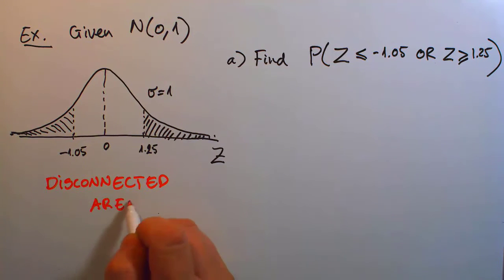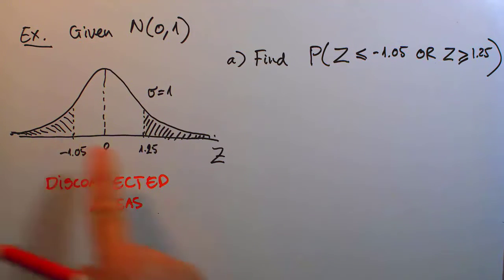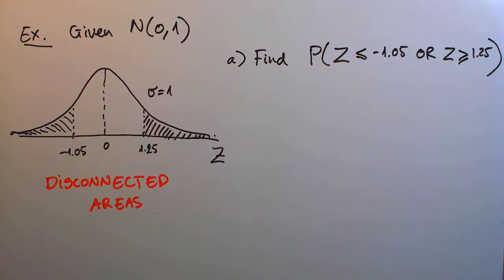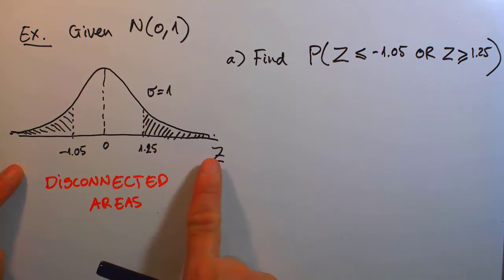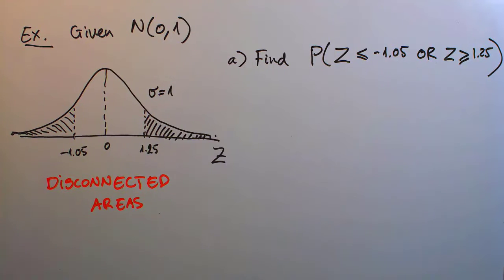What I mean by disconnected areas is that looking at the entire picture, we have a piece of area here, we have a piece of area there. Allow me to give the explanation and the approach to this problem being the easiest to understand, but not necessarily the fastest solution. And we actually have seen some of this back in the days that we were doing empirical rules as well.